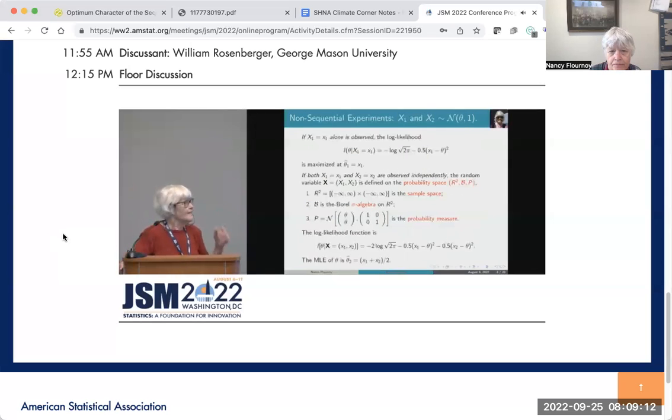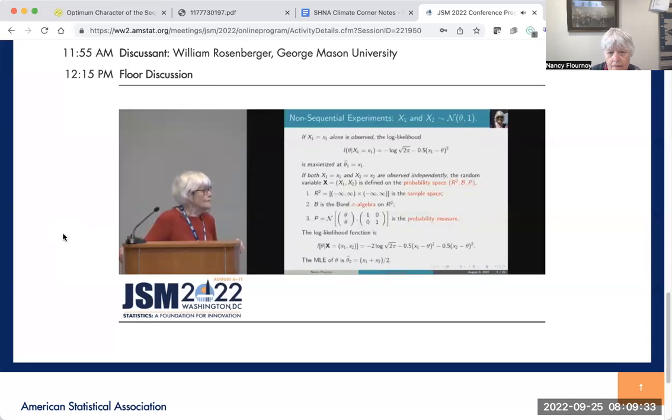If you only look at X1, you have a nice normal random variable. The likelihood is the log of the density at the top, and it's maximized when theta, which is the mean, is equal to the observed X1.